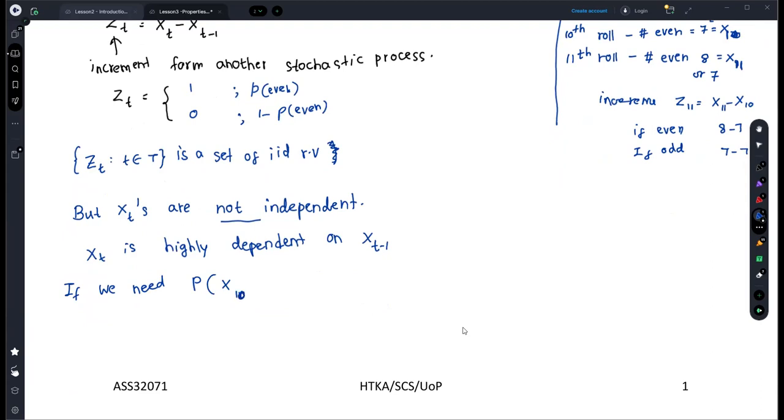Probability that the 10th roll equals exactly 10. What do you think about this one? Probability that X10 equals 10. Can that happen? When will this happen? Probability that X10 equals 10. In which situation?